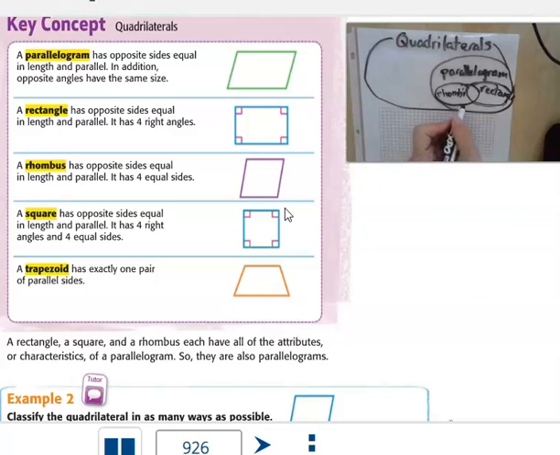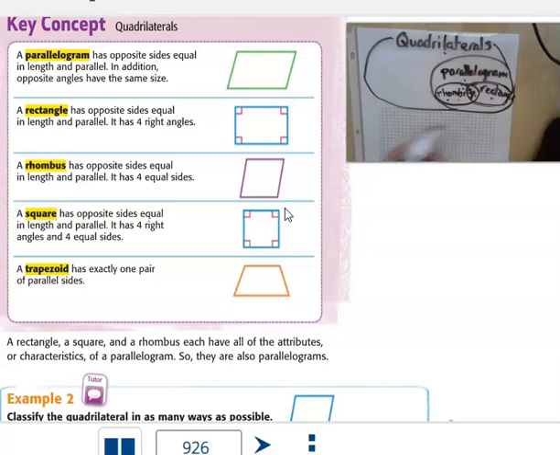That is the next one, and that is the square. SQ for square. That's all I can fit. So a square is a rhombus, a rectangle, a parallelogram, and a quadrilateral. You can see it fits in all of those categories. So it's a very specific type of shape that fits into all these categories.